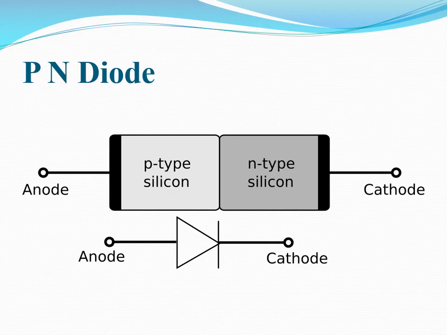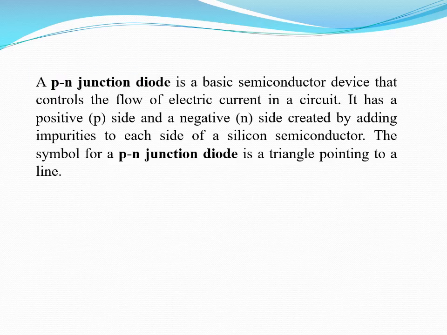It has two terminals, one is anode, meaning positive, and one is cathode, meaning negative. A PN junction diode is a basic semiconductor device that controls the flow of electric current in the circuit. It has a positive side and a negative side, created by adding impurities to each side of a silicon semiconductor. The symbol of a PN junction diode is a triangle pointing to a line.